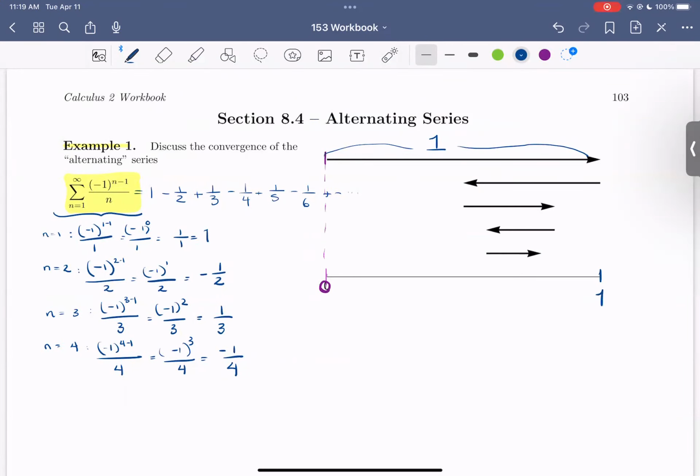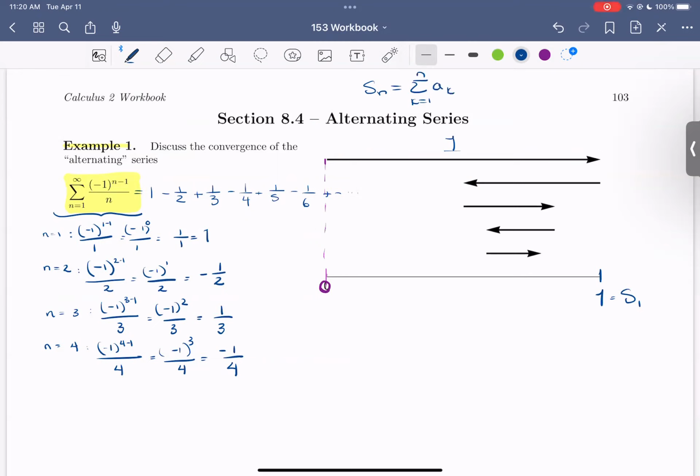Recall that's just a partial sum using one term, equal to 1, so that would be S sub 1.